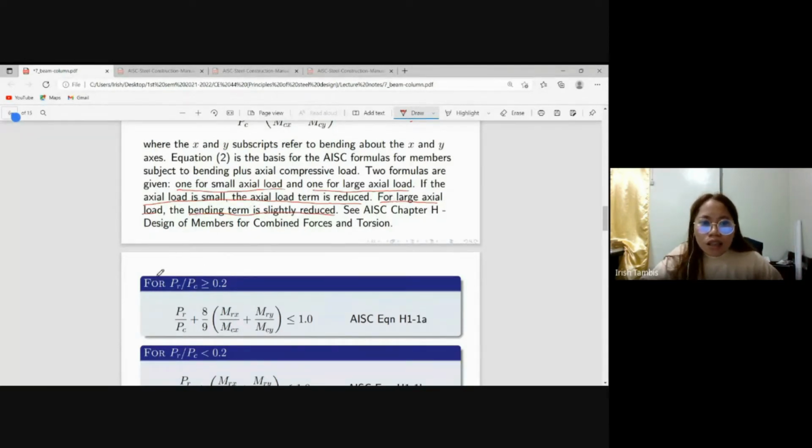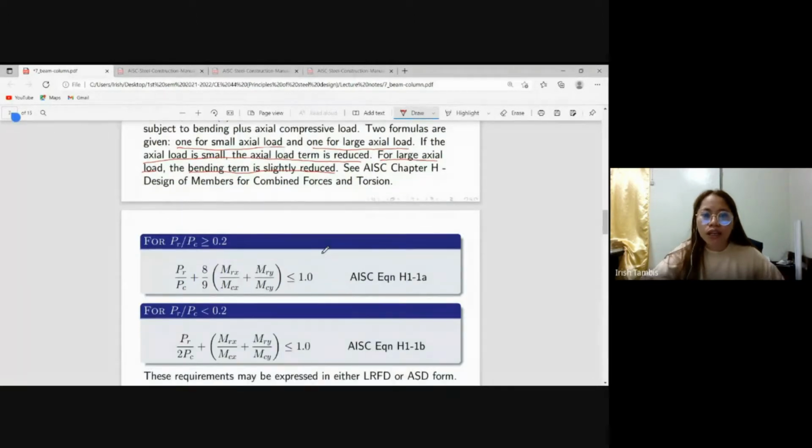If the axial load is large, that is greater than or equal to 0.2, the bending term is slightly reduced. So, mo-nang naa kay coefficient diri nga 8/9, no? If this is the case, no, the P sub R over P sub C is greater than or equal to 0.2.